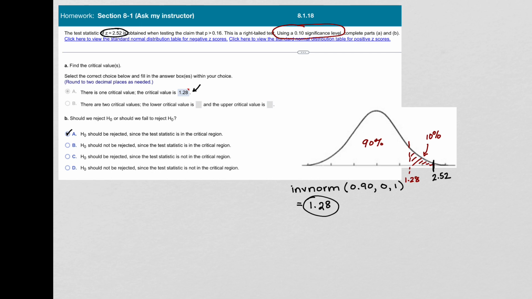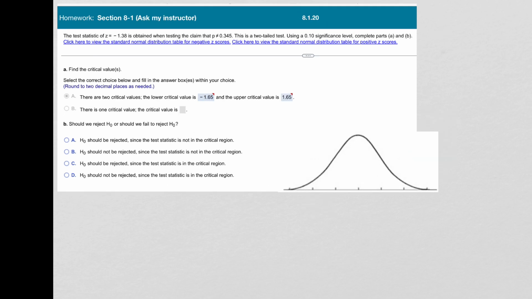Now let's take a look at another example. Here it says the test statistic of negative 1.38 is obtained when testing the claim that p is not equal to 0.345. So we're doing a two-tail test here.